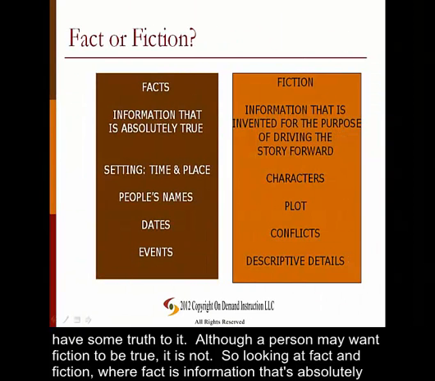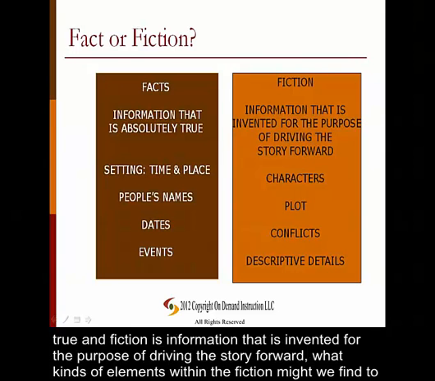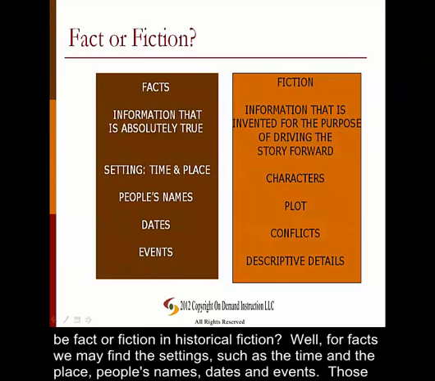So, looking at fact and fiction, where fact is information that's absolutely true, and fiction is information that is invented for the purpose of driving the story forward, what kinds of elements within the fiction might we find to be fact or fiction in historical fiction? Well, for facts, we may find the setting, such as the time and place, people's names, dates, and events.